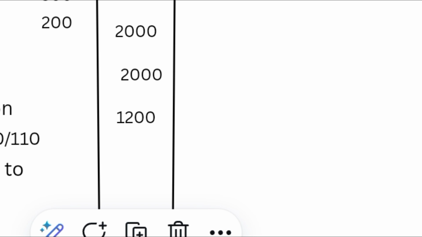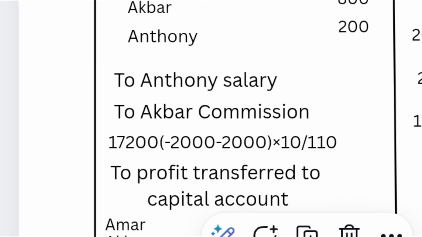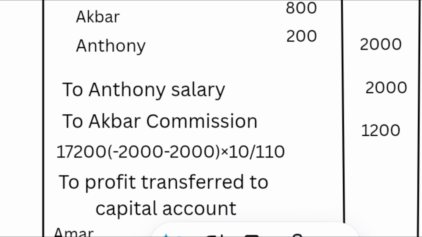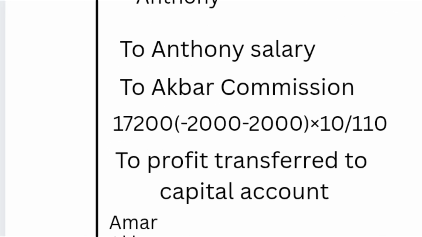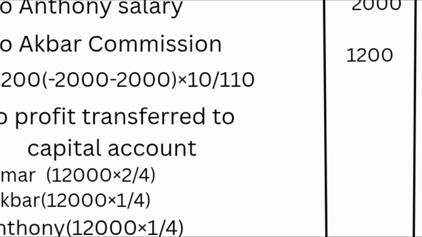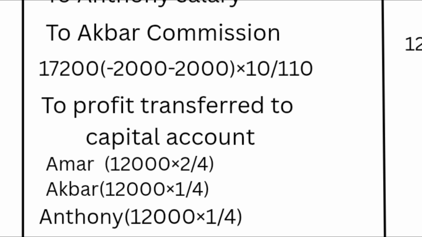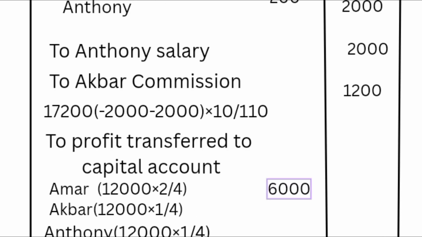12,000, if we divide among the partners in the ratio of 2:1, we will get 12,000 into 2 divided by 4, which will be 6,000.